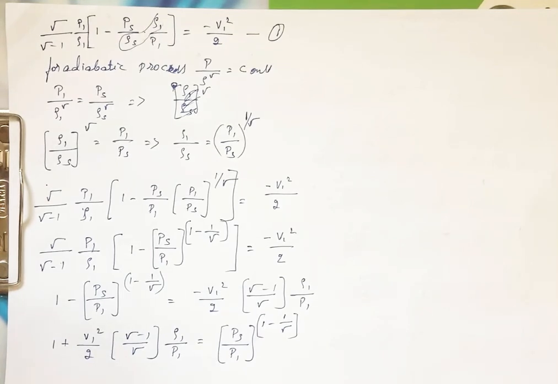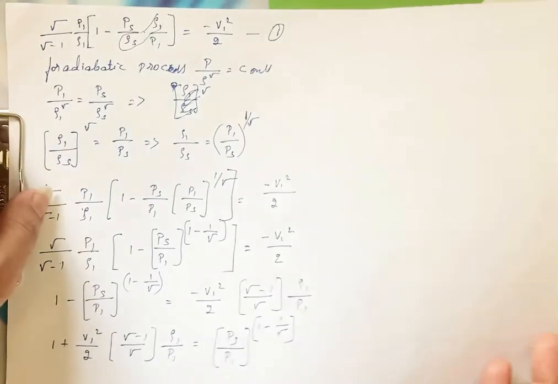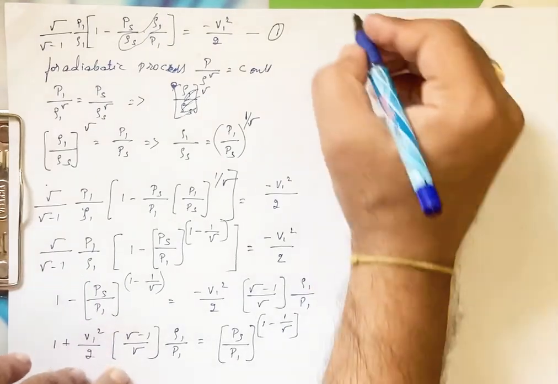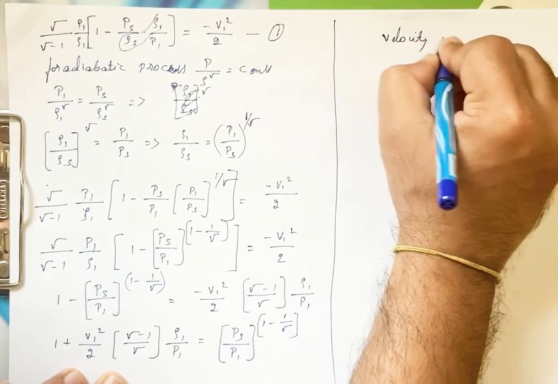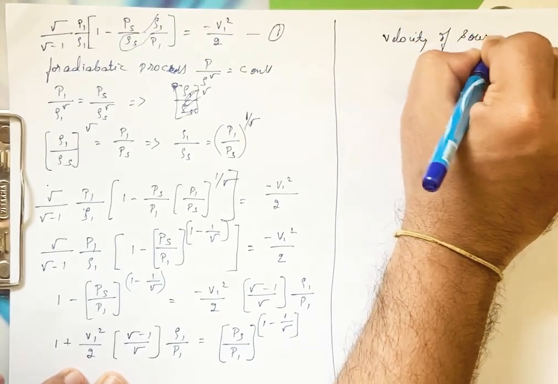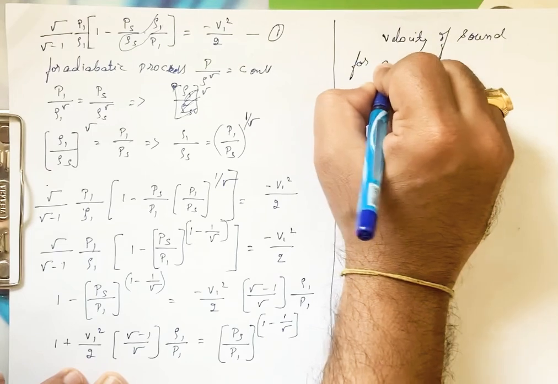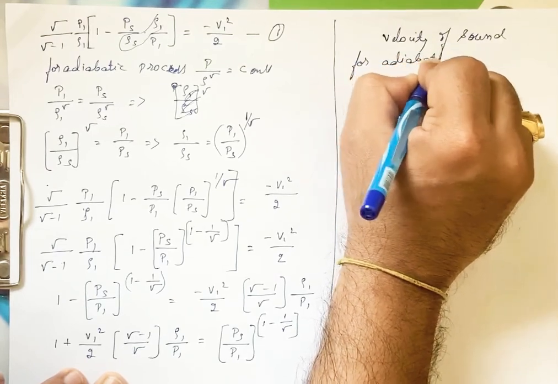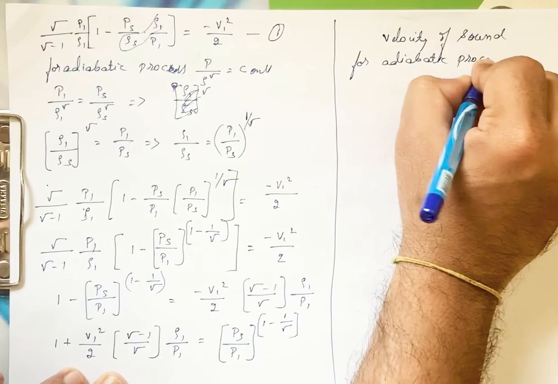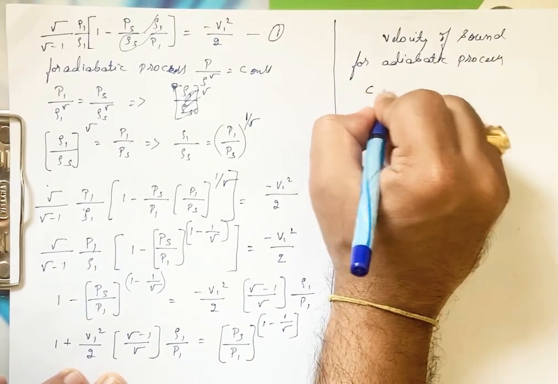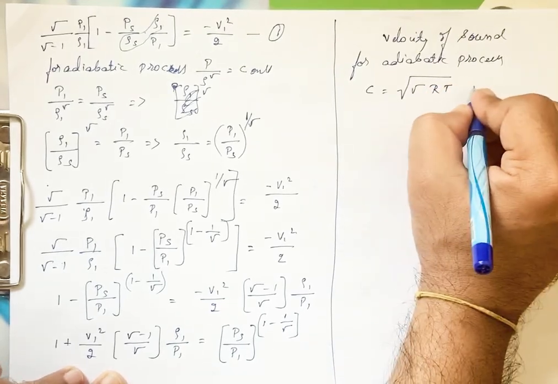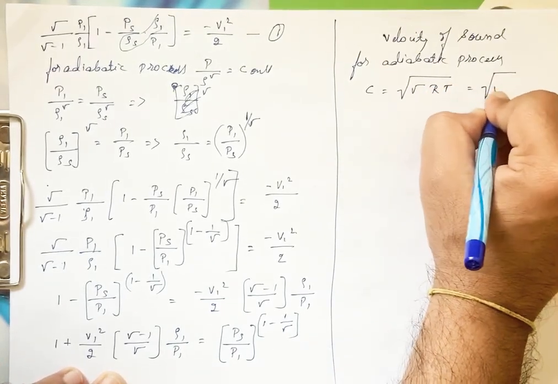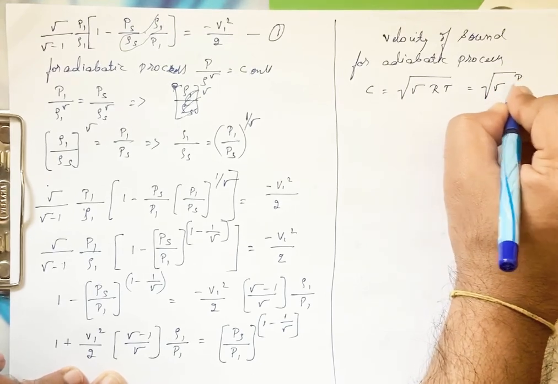Right. Now for an adiabatic process, the velocity of sound is given by the expression C is equal to the square root of gamma r t, or else in terms of gamma into P by rho.